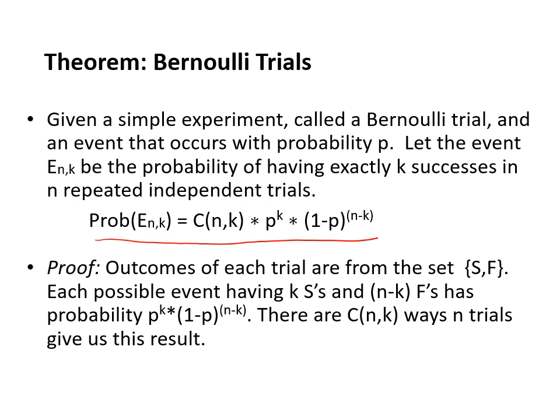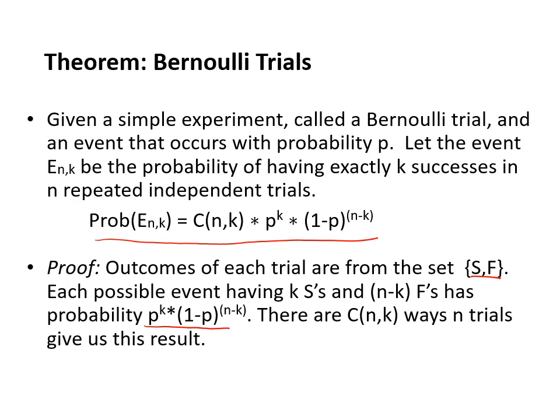It's easy to prove this theorem, and it is also inspired by the previous example. Let's assume that outcomes of each trial are from the set {S, F}. Then each possible event has k S's and n minus k F's, and therefore it has the probability p to the power of k times 1 minus p to the power of n minus k.